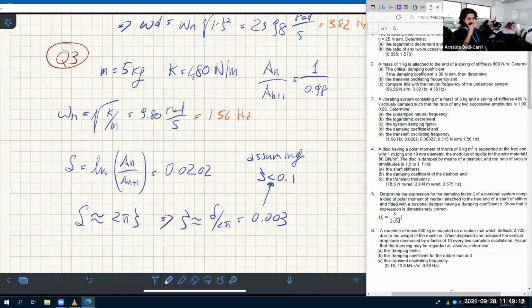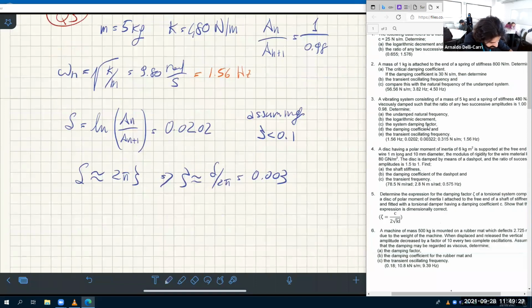So the assumption was correct. We don't need to use the full equation, which is a bit of a mess to rearrange. If we had used the full equation, this would have been exactly equal to 2 pi zeta over this.